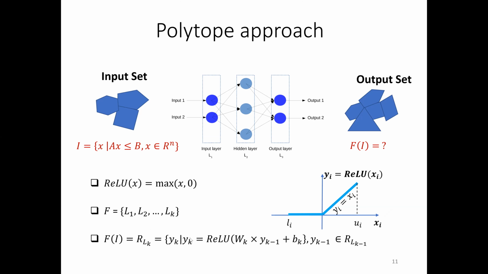The output set of layer k is defined based on the output set of layer k minus 1, which is defined based on the previous layers, k minus 2 and so on, until k equals 1. That's how you define the output set, or the reachable set, of the neural network in a recursive manner.